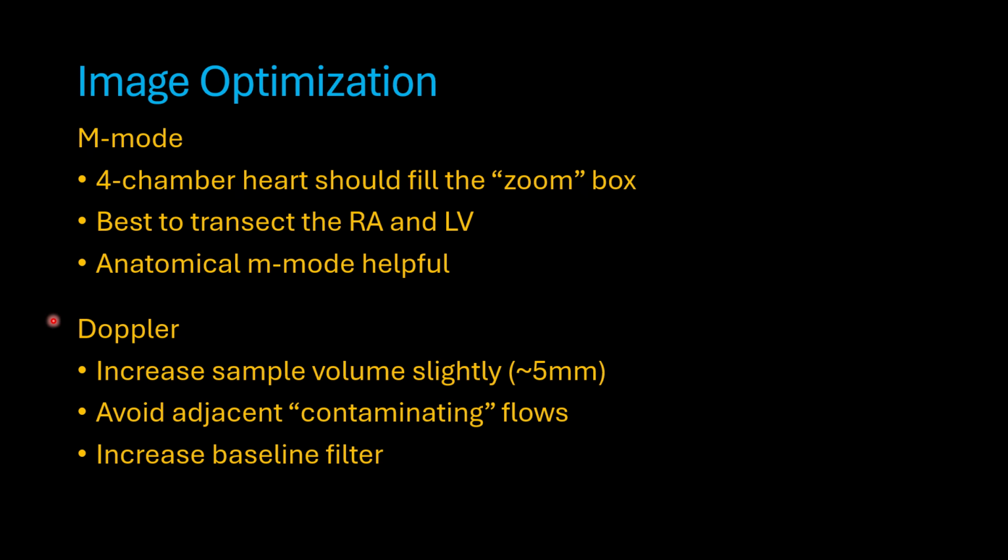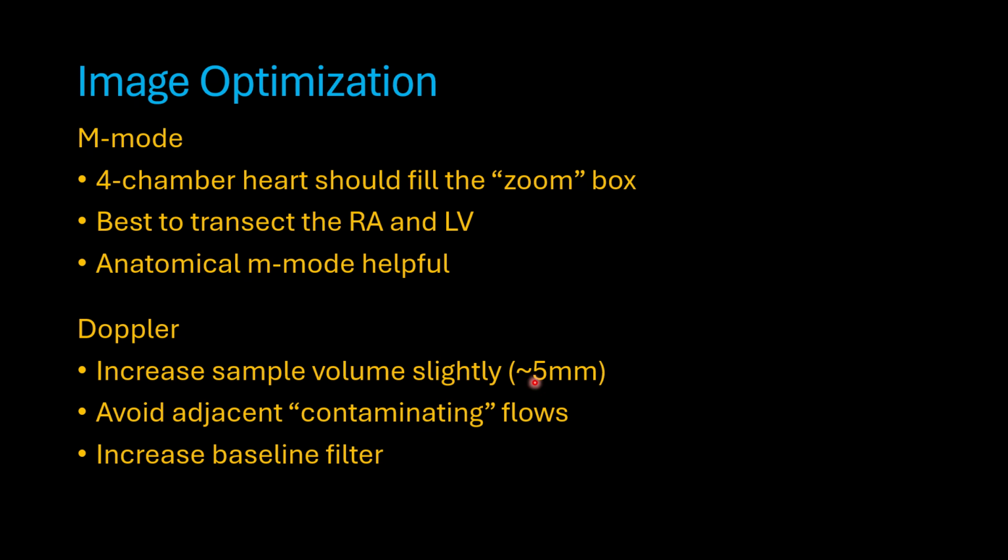For Doppler, you want to increase the sample volume just slightly when you're doing the mitral inflow-outflow or the SVC aorta. This allows you to get both of those flows within that sample and tracing those flows nicely and cleanly.